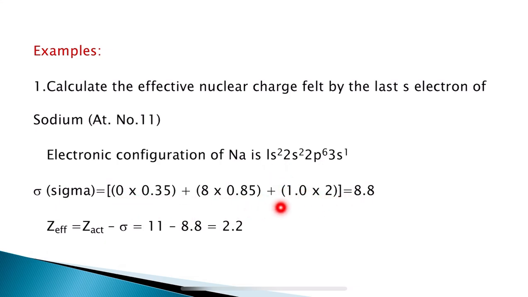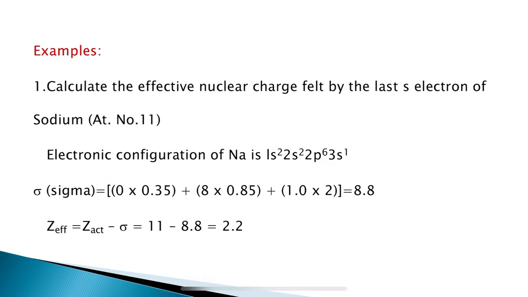Now we have to sum up all the values and calculate sigma, and we get 8.8. So 8.8 is the value of sigma, that is the screening constant.